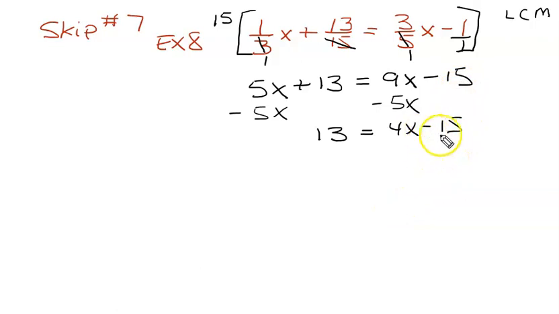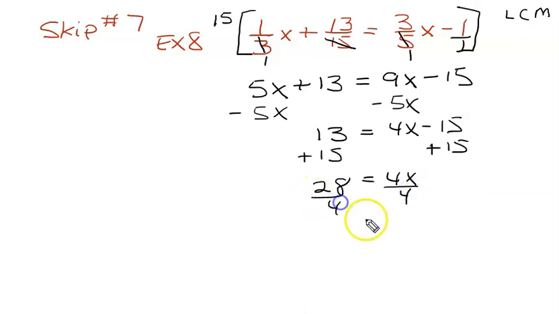Well, I'm going to add 15 to both sides. I now get 28 on this side equals 4x. Now I'm going to divide by the numerical coefficient of the x, which is 4, to isolate the x, and I get x equals 7.